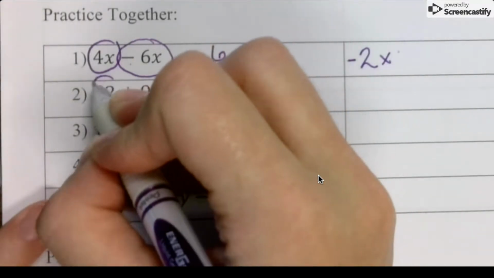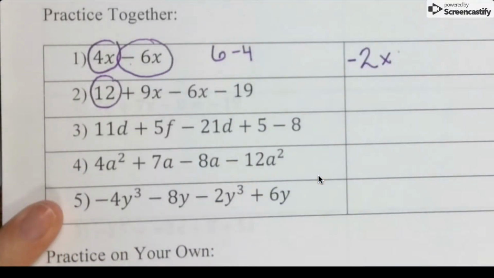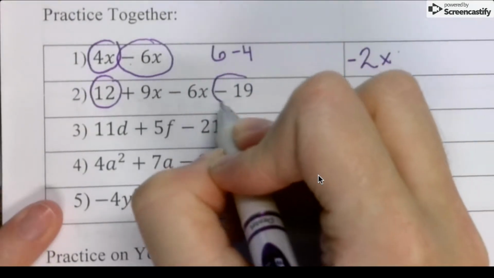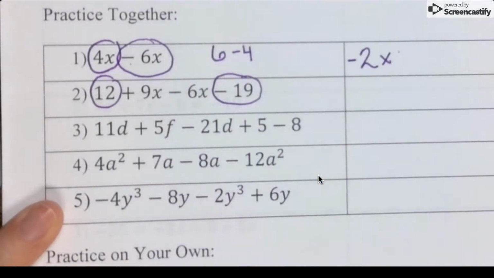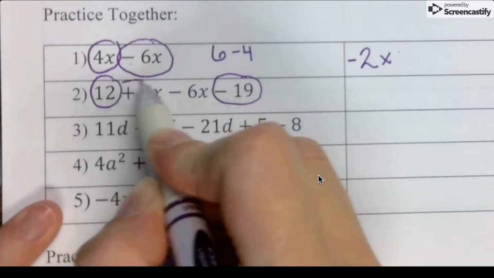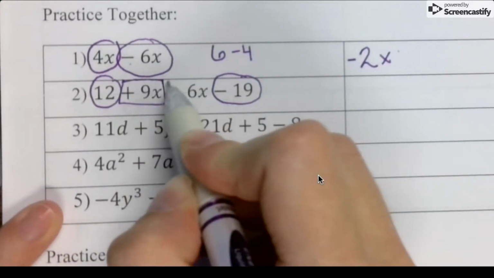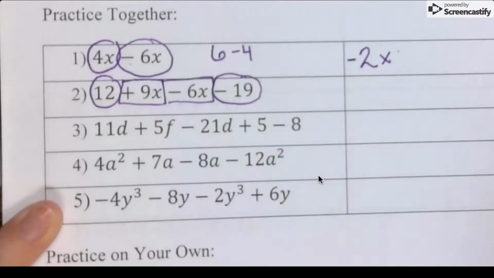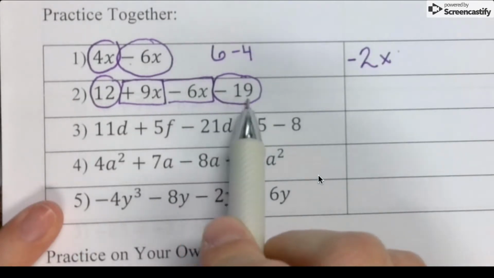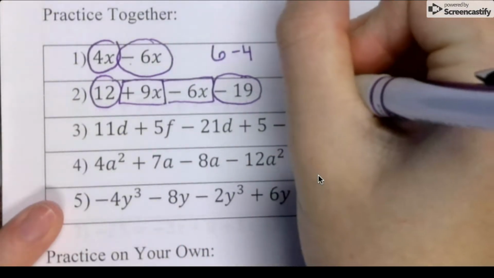Okay? 12 would be in the constant tree. Is there anything else that would be in that tree? The minus 19. Okay? Then we have the 9x in its own tree and the minus 6x in its same tree. So we have 12 minus 19. They are different signs.